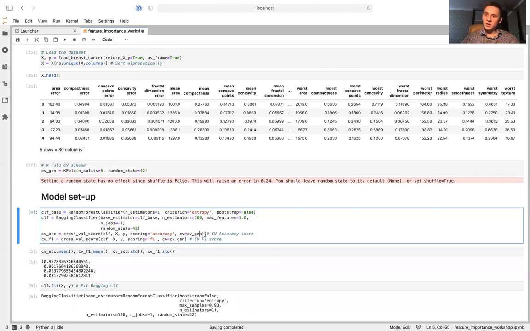In our modeling lecture series, we have discussed a tricky way to set up a bagging classifier, which works on top of a random forest classifier. So let's see how it is done. What we do here is set up a base estimator of random forest classifier with bootstrap equal to false, because bootstrap will be done by our bagging classifier, with number of estimators equal to 1, so we have only one estimator, and criterion equal to entropy.